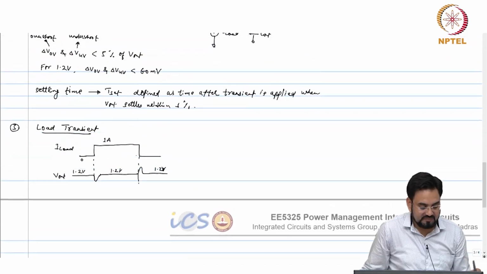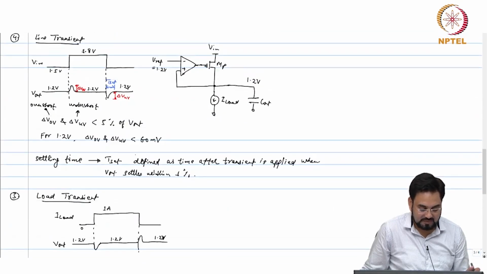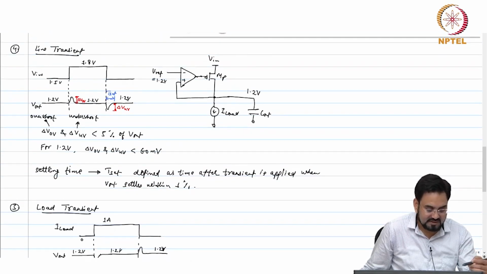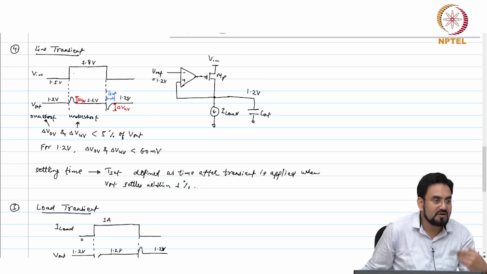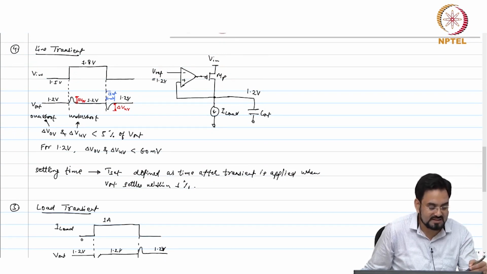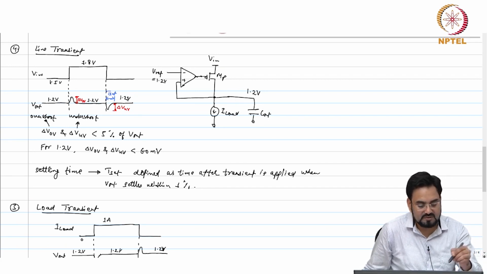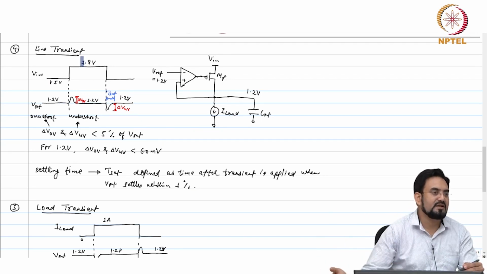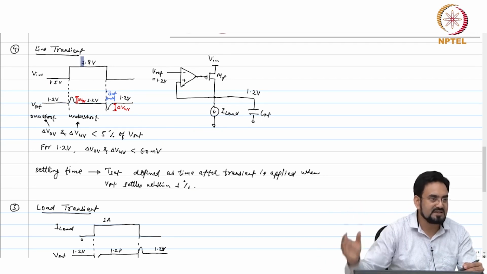Another thing we need to remember, in both line transient and load transient, is this undershoot overshoot will also depend on how fast you change the input or load current. So, let us say I am changing this 1.5 volt to 1.8 volt in, let us say, 10 nanosecond. That is a very fast change.